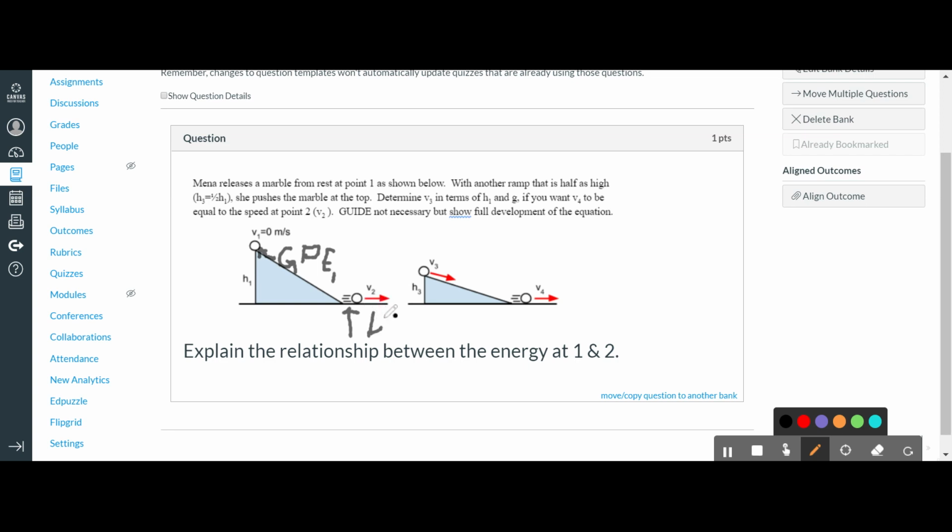But we should see here kinetic energy. Look at that. Such a good writer with these pens. Right, so here we're looking at kinetic energy. If this is kinetic energy, this is going to be kinetic energy 2, because we're here at point 2.